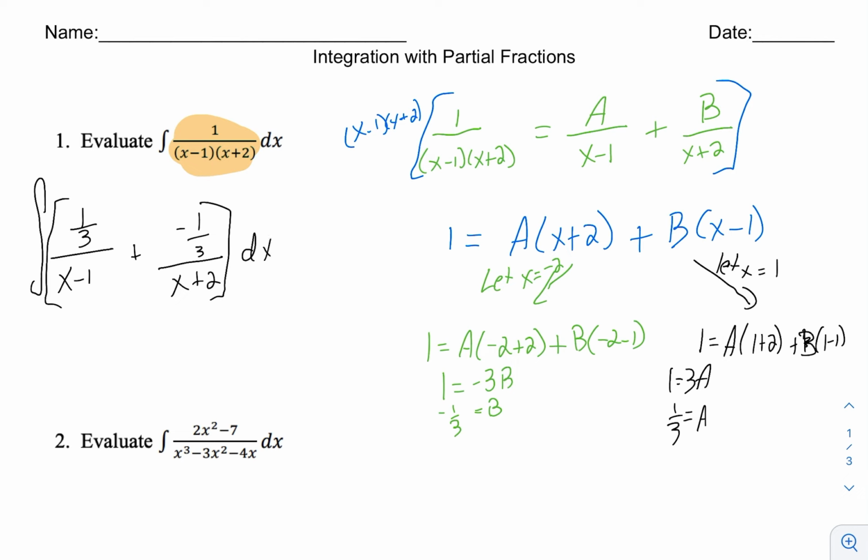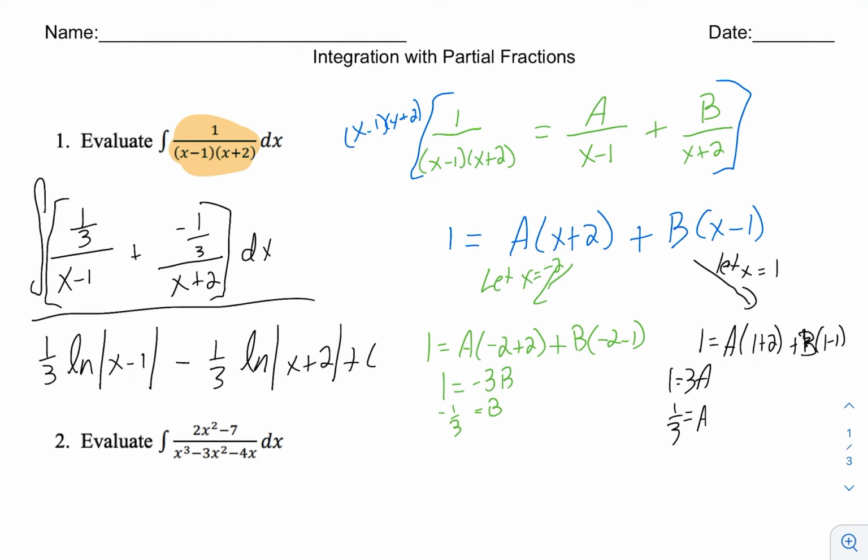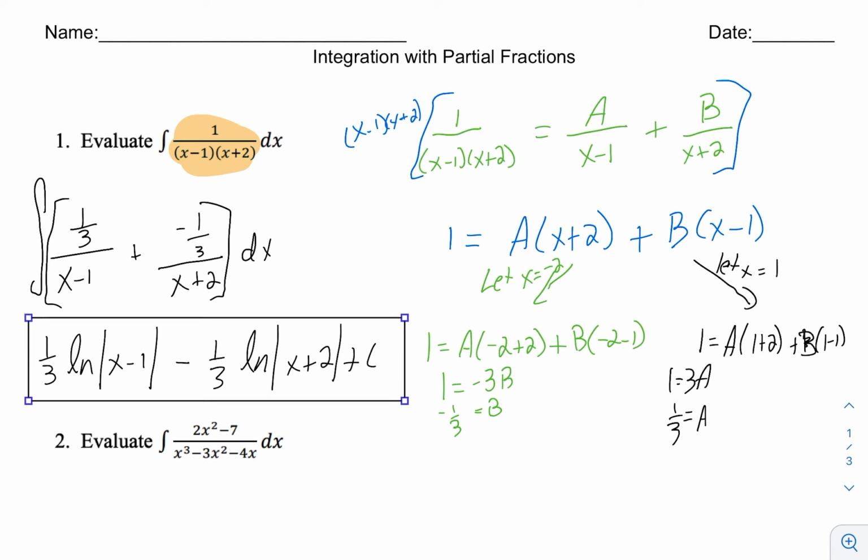When we do that, we can bring those 1/3s to the front. We would have 1/3 times the ln of x minus 1, minus 1/3 times the ln of x plus 2 after we integrate. And then we have our plus C at the end. That would be our final answer by using this method of integration.